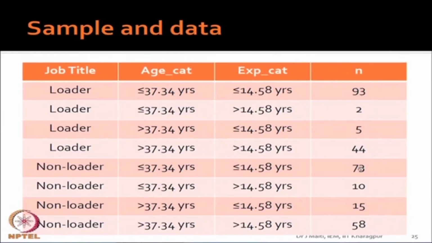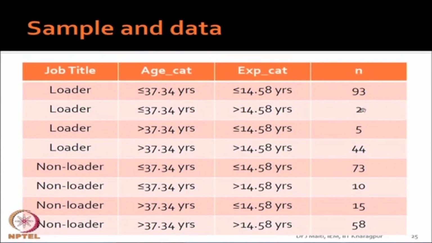So, the distribution is very skewed. You see only 2 observations available in this combination: loader less than 37.34 years of age and greater than 14.5 years of experience. This is quite obvious, but this low value definitely distorts the authenticity of the estimation.